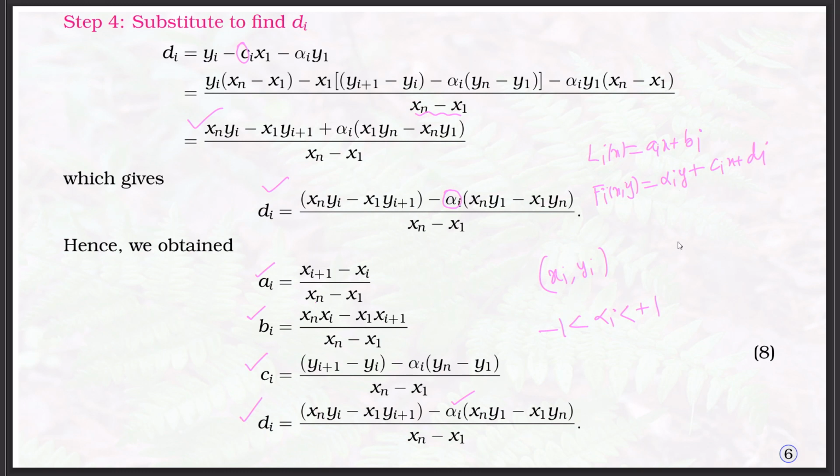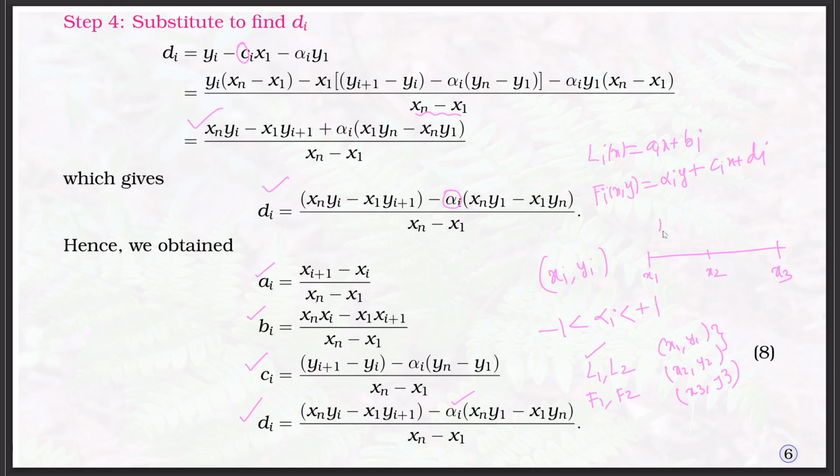Let me explain here. Suppose I have 3 data points x1, x2, x3. Now the data points are x1 comma y1, x2 comma y2 and x3 comma y3, 3 data points. So we need to find L1, L2 and F1 and F2. For finding L1, we need to use these 2 data points.